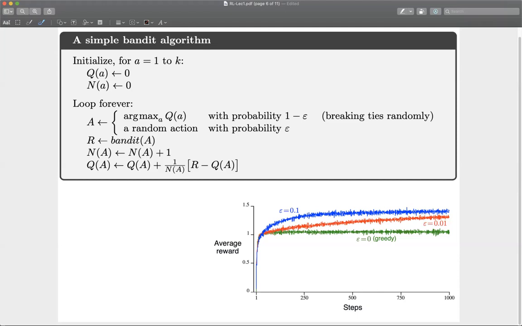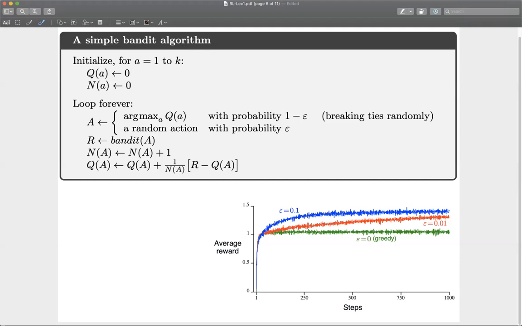That one's going to have some finite return. And if that return is positive, then this estimate's going to go up. It's not going to be zero, it's going to be bigger than zero. So next time around, when it comes time to pick, if epsilon is zero, it's always the greedy one. Guess which arm I'm going to pick.